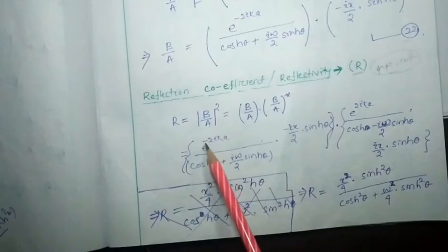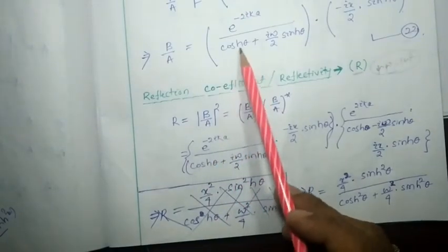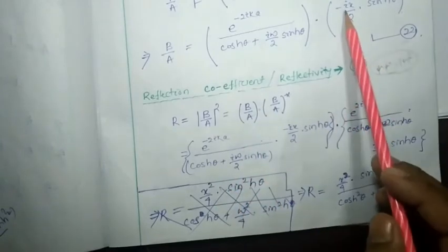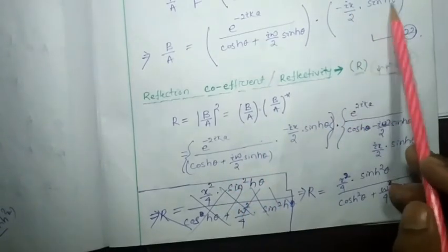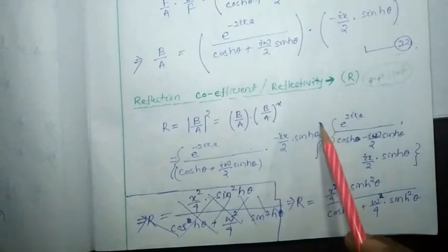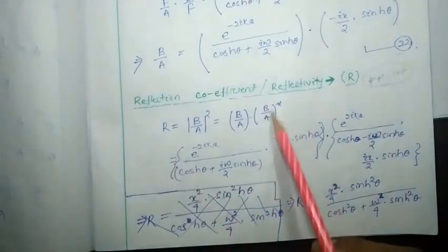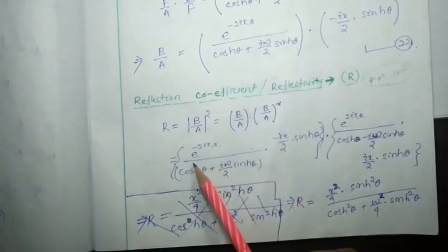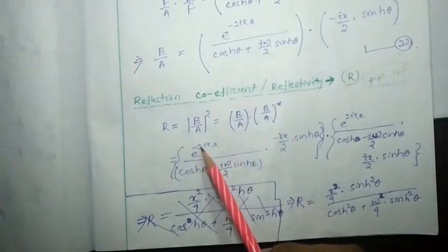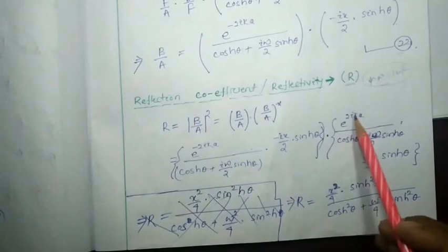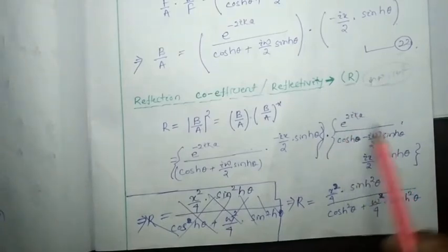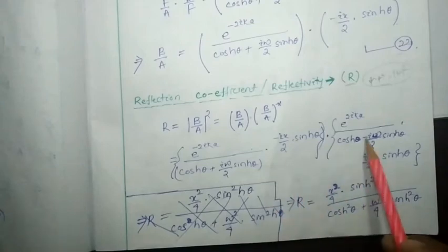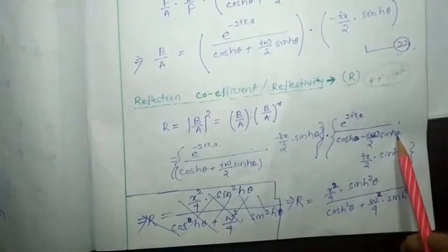So e to the power minus 2ika divided by cos h theta plus i omega by 2 sin h theta, into minus ix by 2 sin h theta. I have written it over here. B by a star means its complex conjugate. It will be e to the power plus 2ika divided by cos h theta minus i omega by 2 sin h theta.